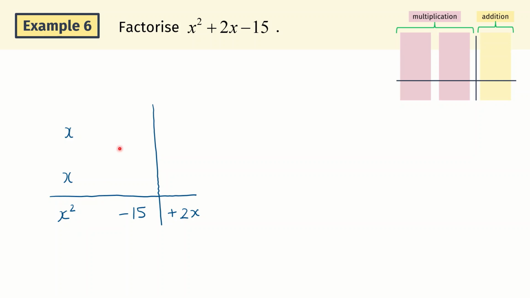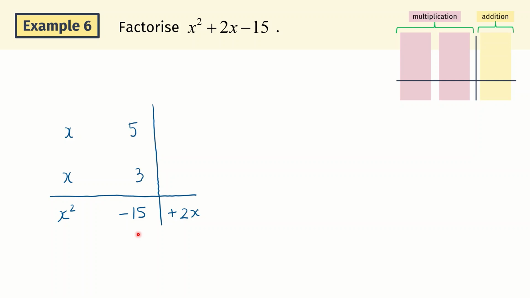Then we look at the second column. Now because in this case we have a negative 15, what I usually do is I ignore the negative sign first because that can sometimes get complicated. I just focus on the positive number 15. An easy factor to consider for 15 would be 5 and 3.